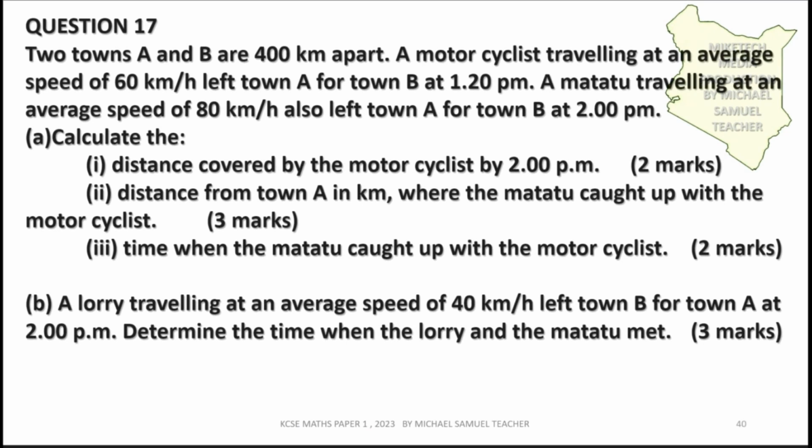Begin with question 17, and question 17 reads: two towns A and B are 400 kilometers apart.